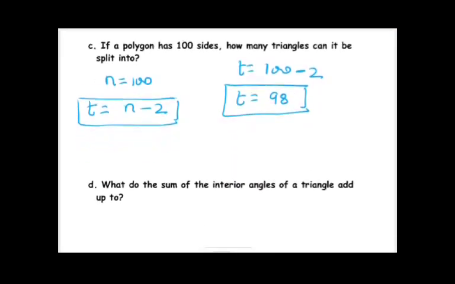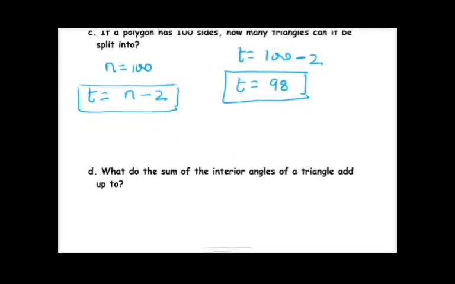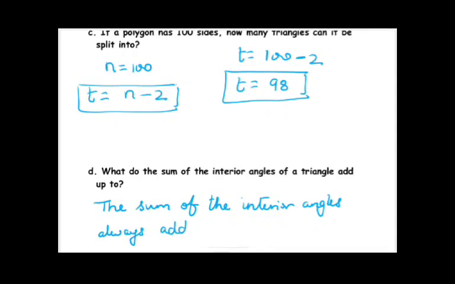Question 6d says, what do the sum of the interior angles of a triangle add up to? So the sum of the interior angles always add up to 180 degrees.